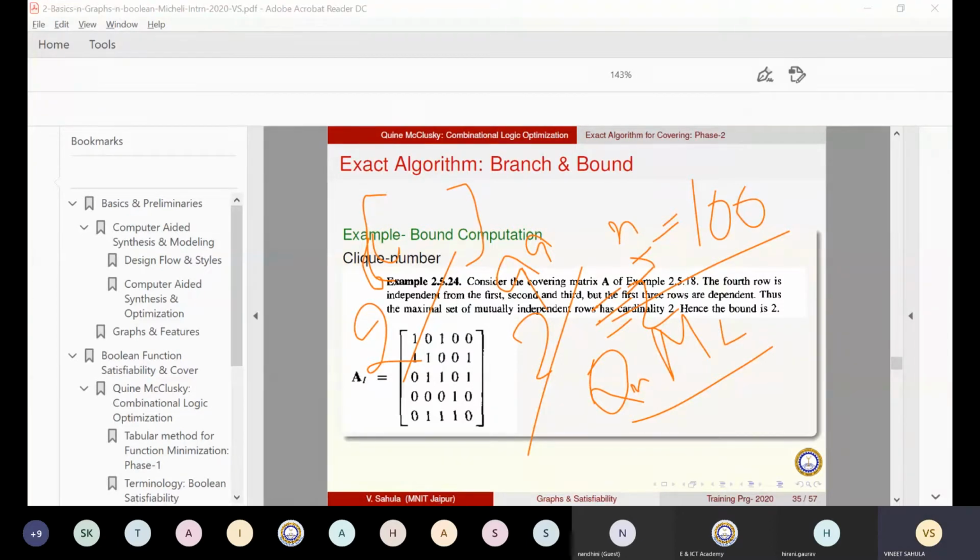Even if you say I can handle so many rows somehow, to decide on this the exact way, we will need a binary tree of how many levels? 64 levels. L will be 64. For 64 levels, how many leaves will there be? 2 to the power 64. We are back to the same complexity. You cannot explore all 2 to the power 64 options.